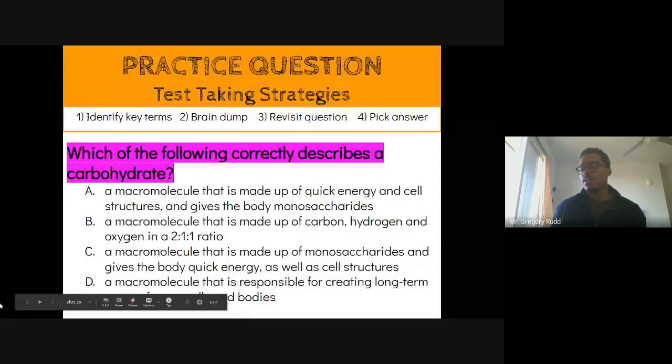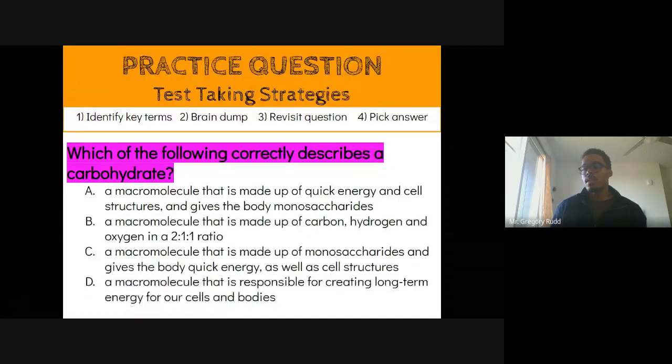That's what Melissa told us. And then Lisa told us that they provide cell structure as well. So all three of the things that we should have in our brain dump came up in the answer choice, in the correct answer choice. And you want to be careful because the others, maybe at first glance, they looked good, but there were slight errors in each of them.